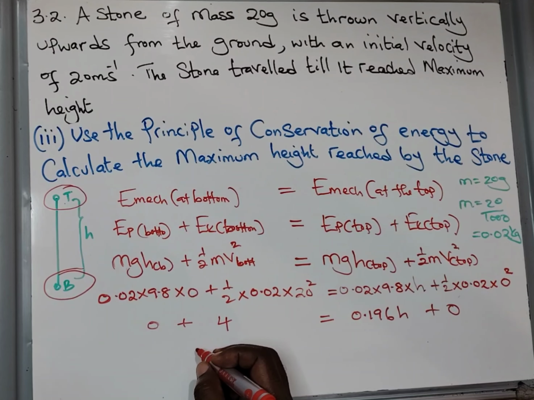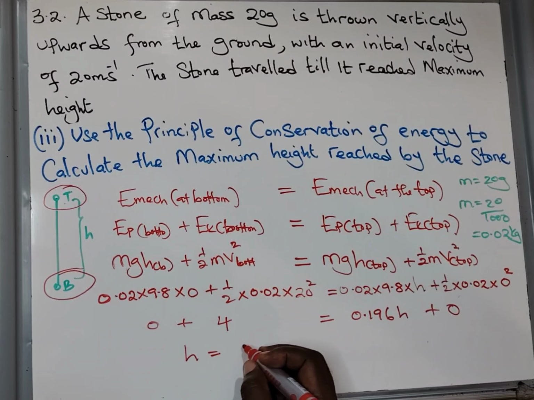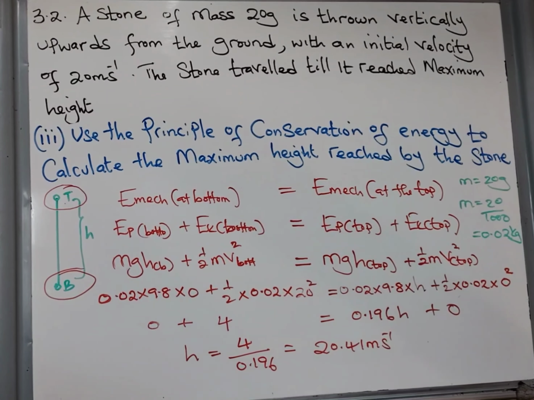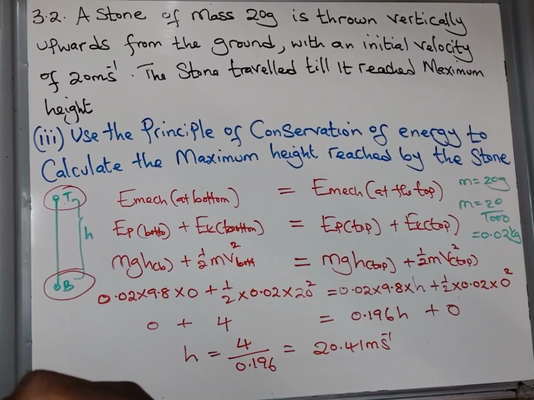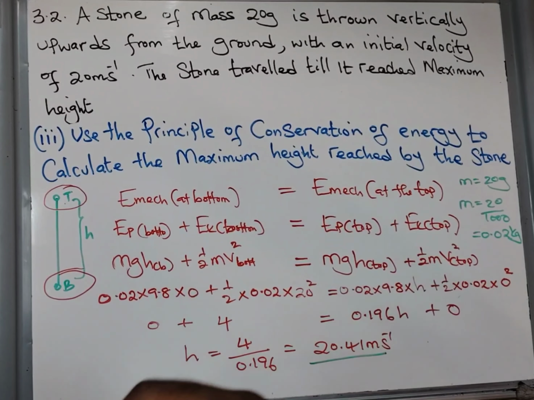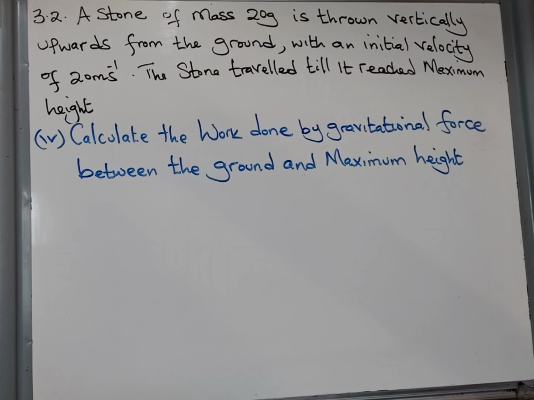Next step is going to be h giving you 4 over 0.196. So there we are. It is 20.41 meters. Okay.